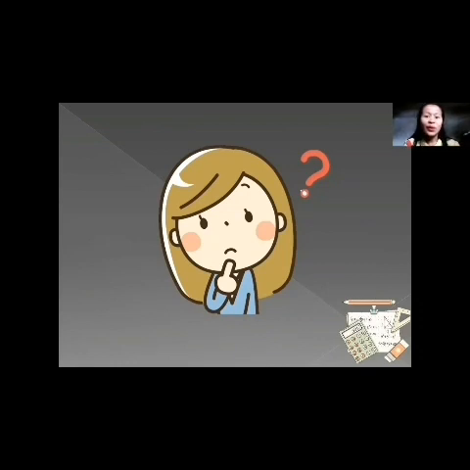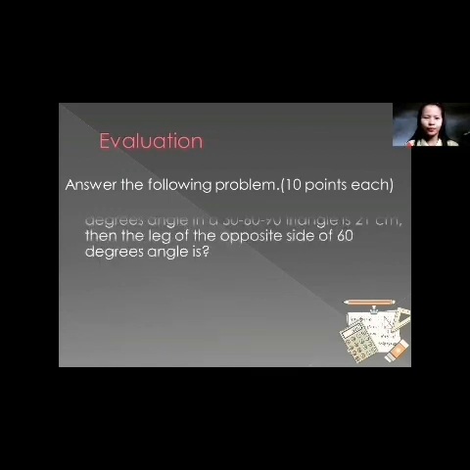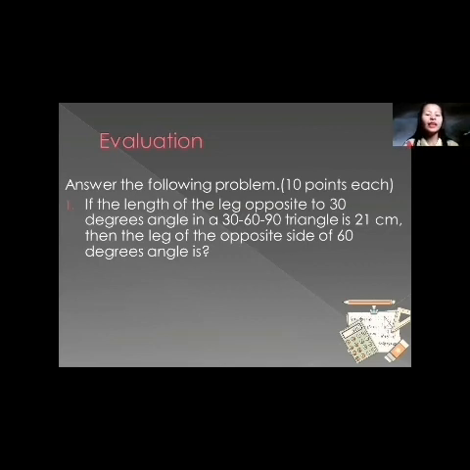Now I guess you're ready for our activity. Am I right? Let us see. Answer the following problems, 10 points each. Number 1, if the length of the leg opposite the 30 degrees angle in a 30, 60, 90 triangle is 21 centimeters, then the leg opposite the 60 degrees angle is.